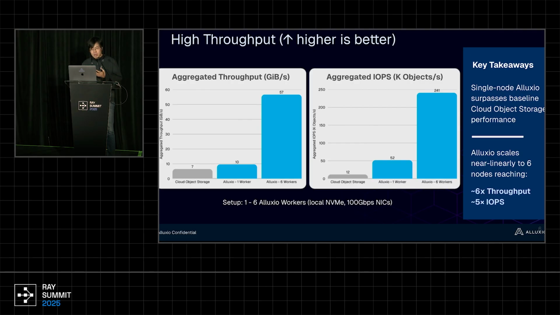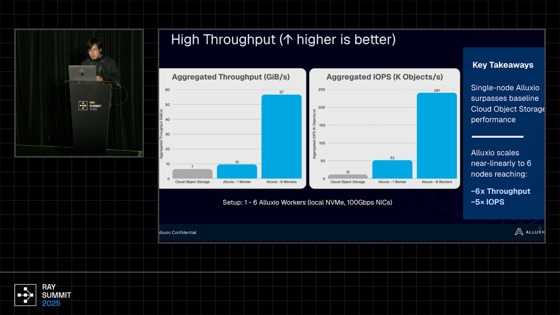Note that this is already close to more than 80% utilization of the NIC, which is a 100 gigabit NIC. But with 6 Alluxio workers pulling together, you get close to 60 gigabytes per second. And in terms of IOPS it's similar: we're able to get 5x the IOPS compared to one worker when you have 6 workers.